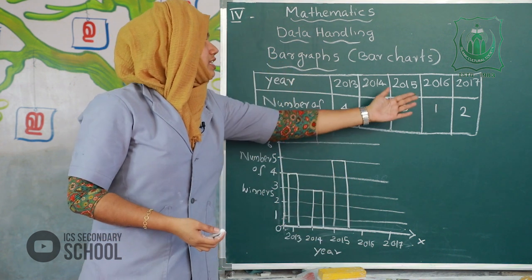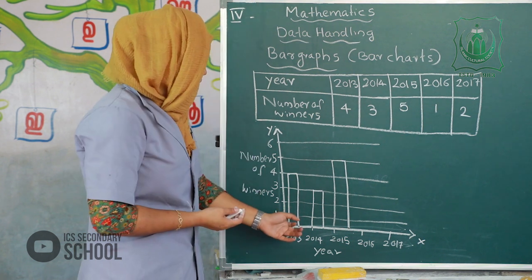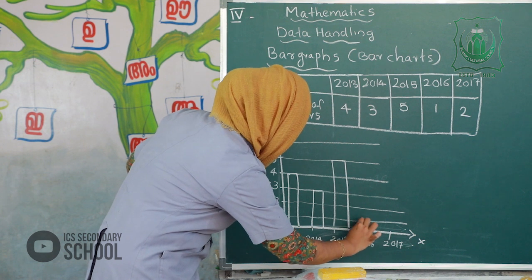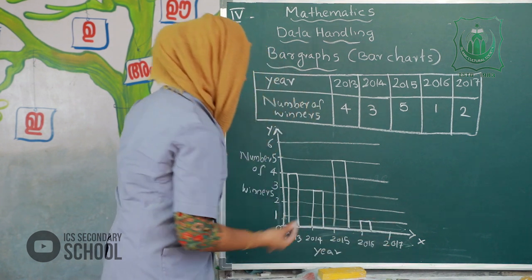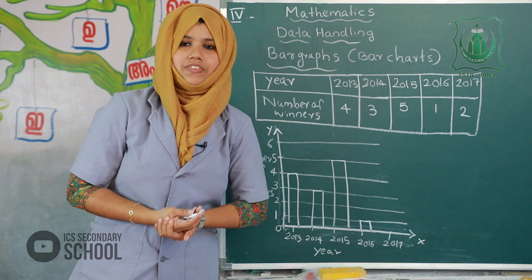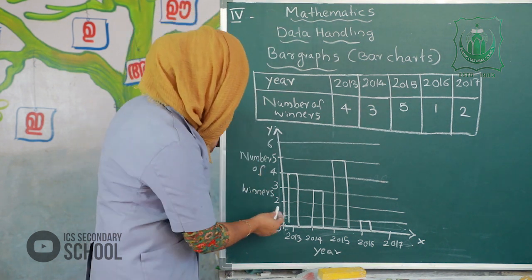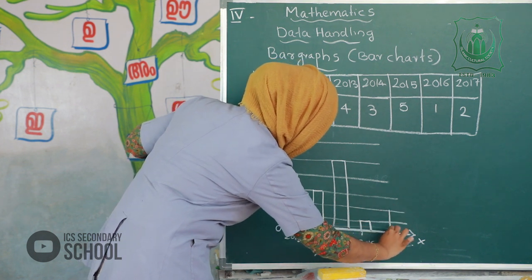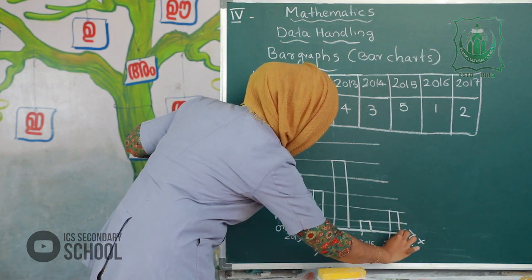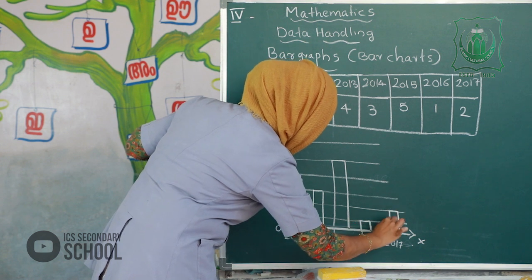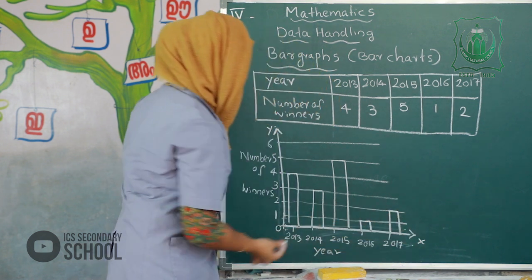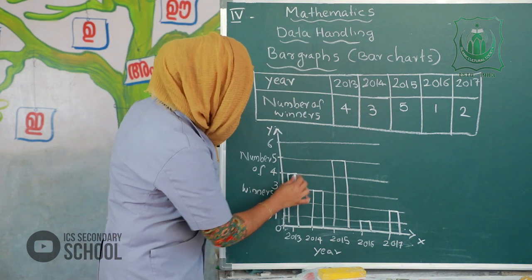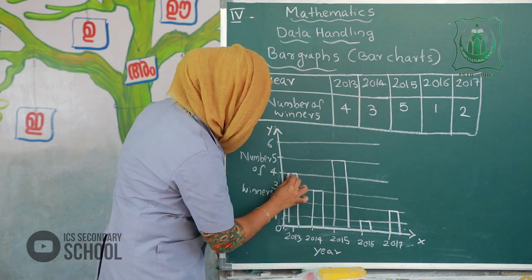Next, 2016, how many winners? Only 1 winner. So, in 2016, we draw a bar at 1. Next, 2017, how many winners? 2 winners are there. Is it clear? So, 2013, 4 winners we can shade like this.